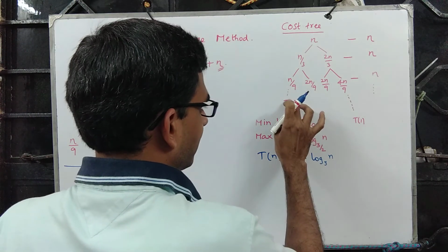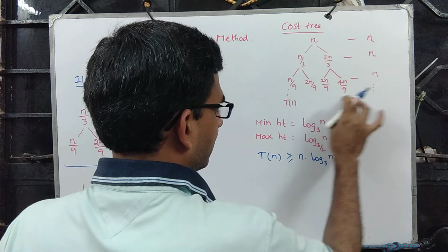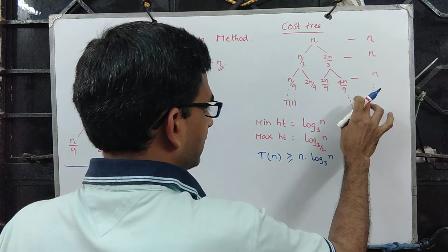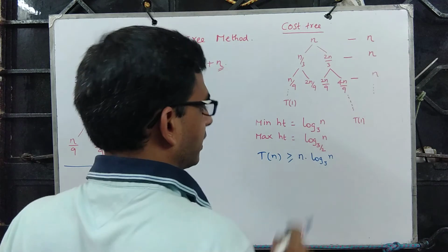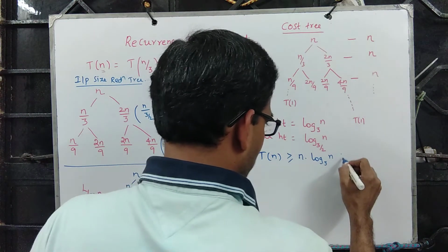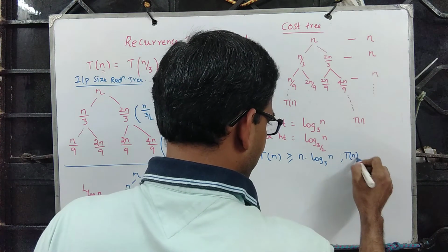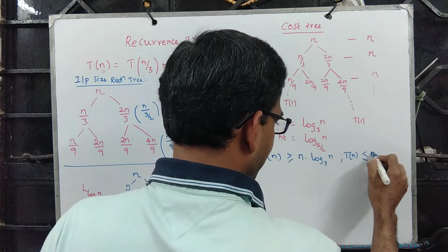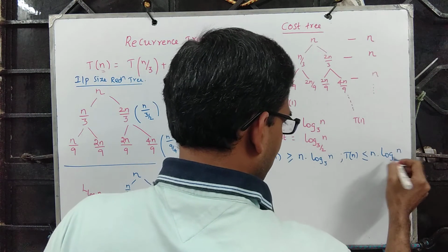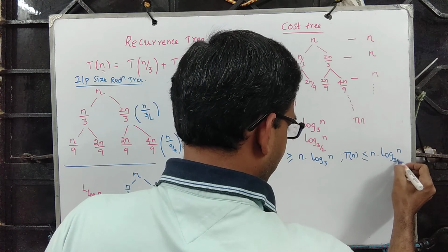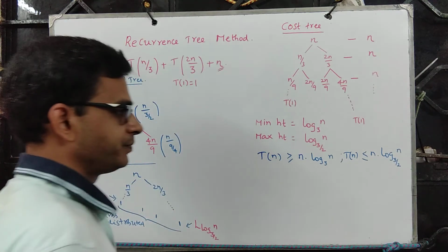Imagine the case where all leaves are at log n base 3, which means that will give you a lower bound. One can also write T of n is upper bounded by n times the max height, which is log n base 3 by 2.